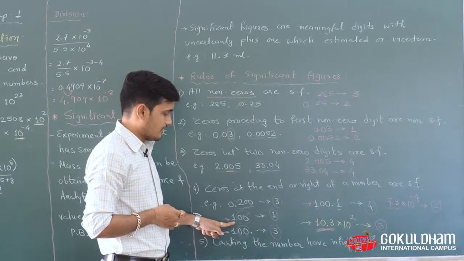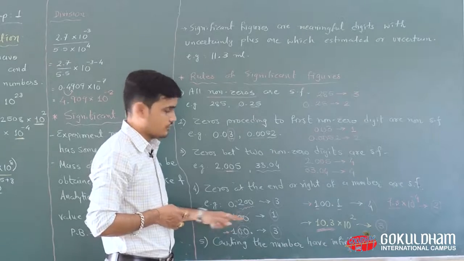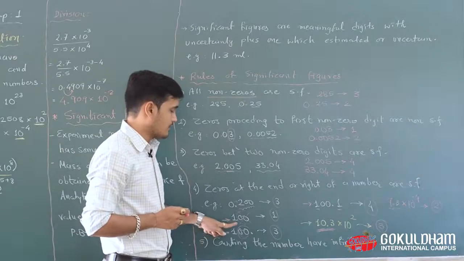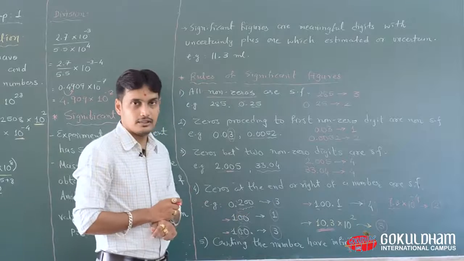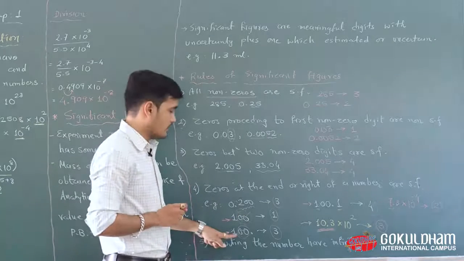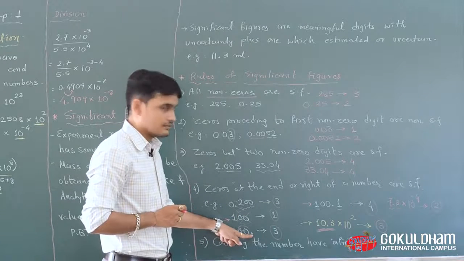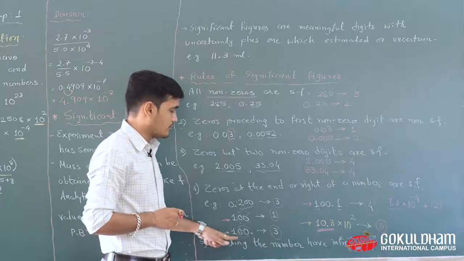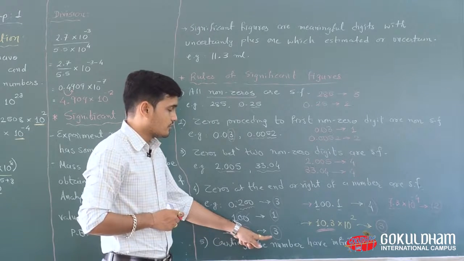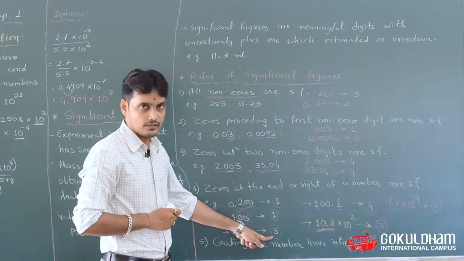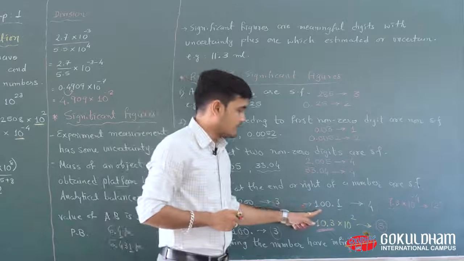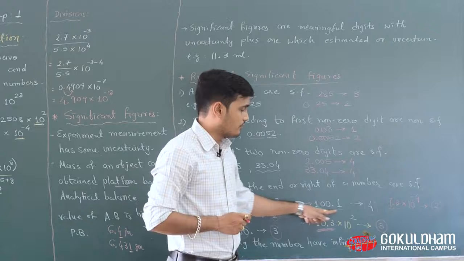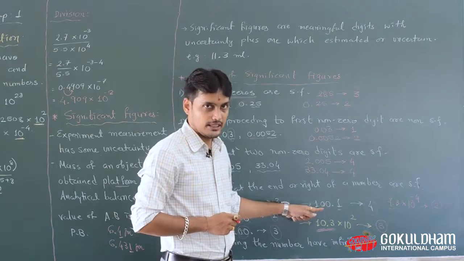In the second example, 100, there are no decimal points, so you count this as only 1 significant figure. In 100., after the 0 there is a decimal point, so you have to count all 3 digits. So our SF is 3. In this case, 100.1, total 4 digits are there.